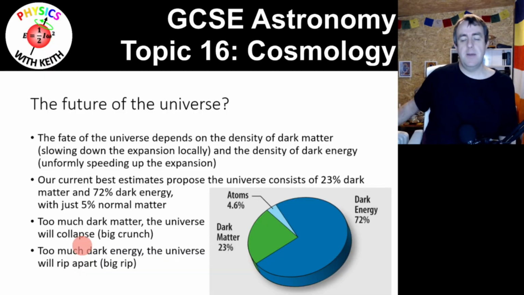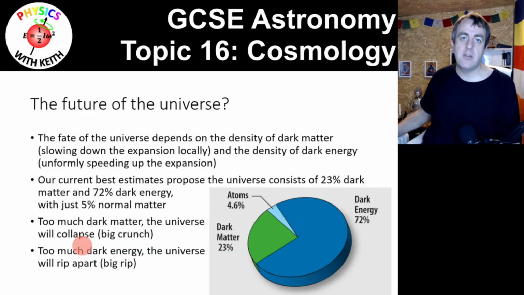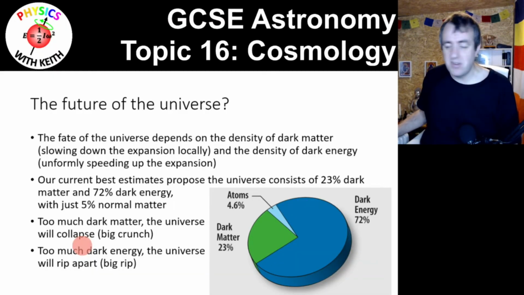Most of the regular matter in the universe is found in stars, which are plasmas, so they're ions, not atoms, or in black holes, in which case I don't know what we call that stuff, but certainly not atoms. And that normal matter is only 4.6% of the universe, so atoms make up the tiniest of tiny proportions of matter in the universe.